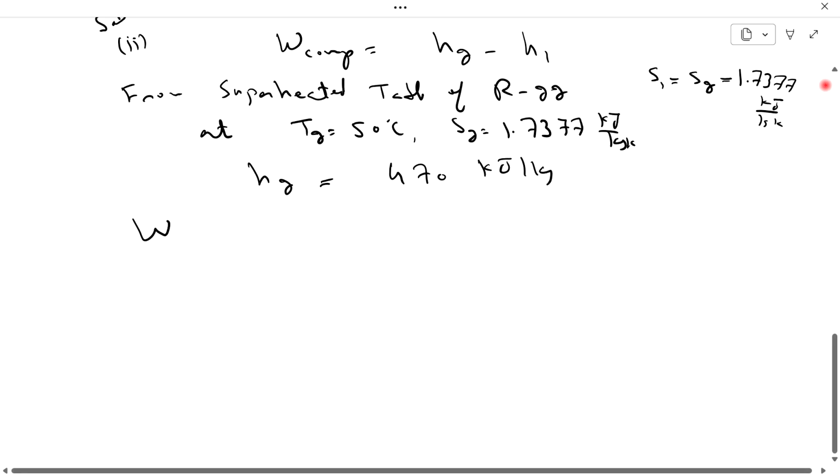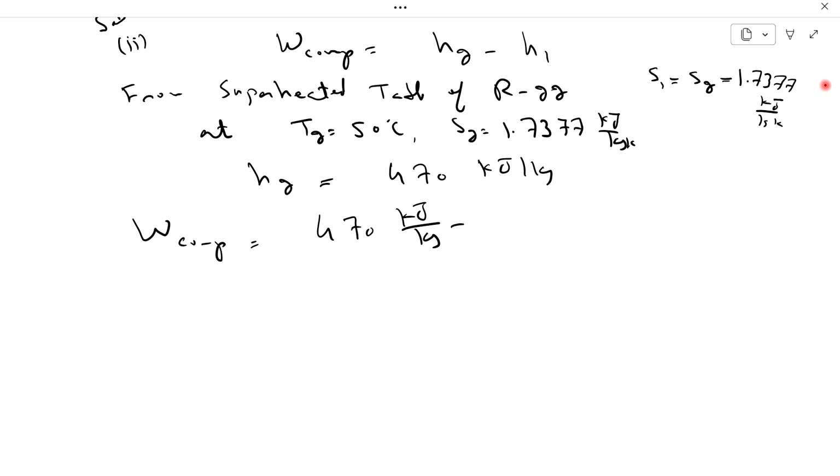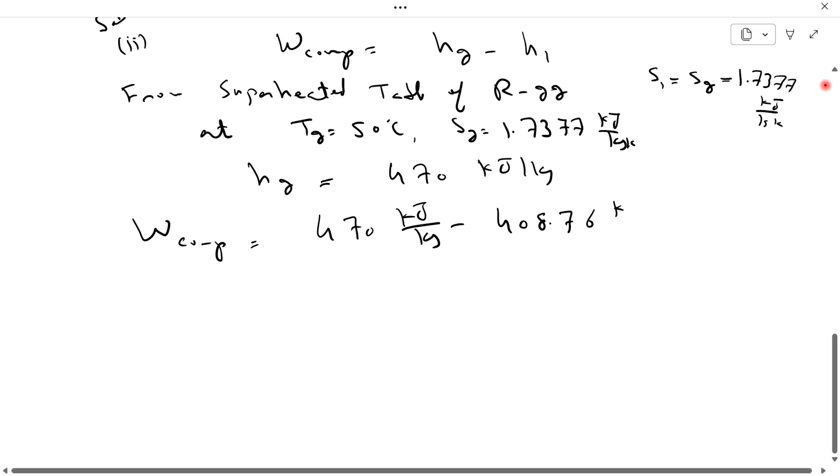So the work of compressor is equal to H2 minus H1, which is 470 kilojoule per kg minus 408.76 kilojoule per kg.